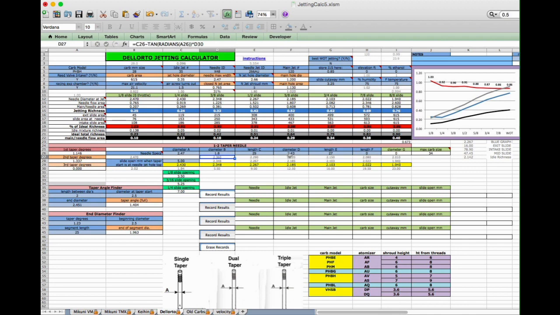When you go for the dual taper needles, you'll fill in these two also. When it's just a single taper, those go to 0. Okay, the length of the taper is 29.